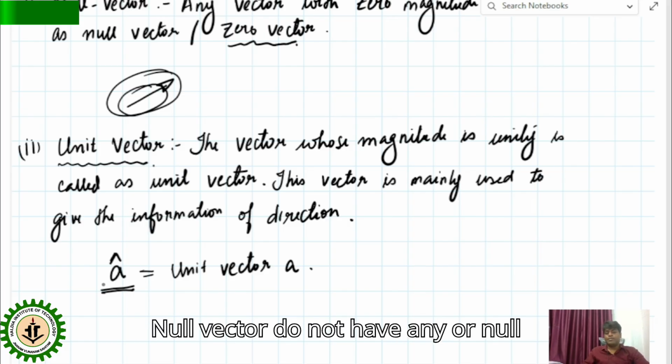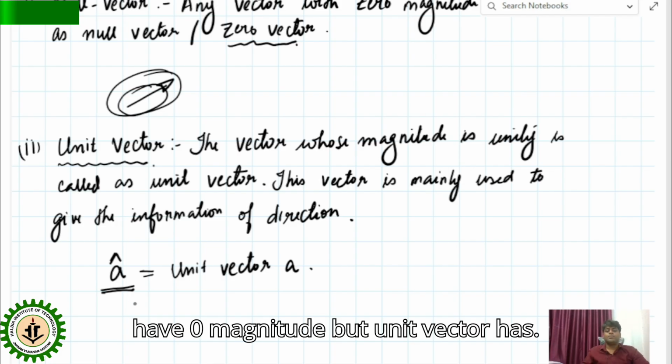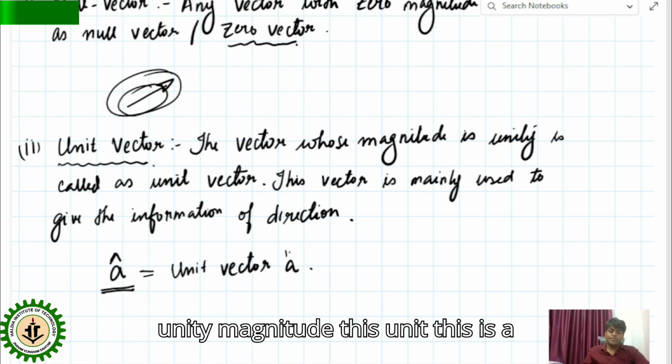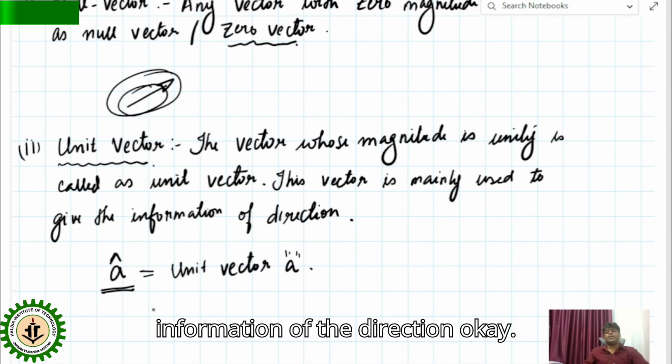Null vector has zero magnitude, but unit vector has unity magnitude. This is a unit vector, and it gives you the information of the direction.